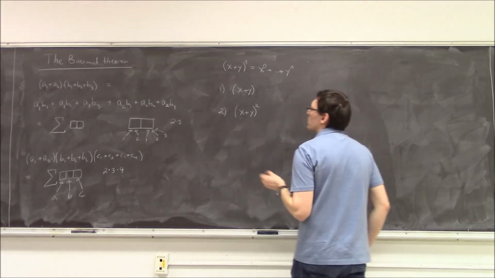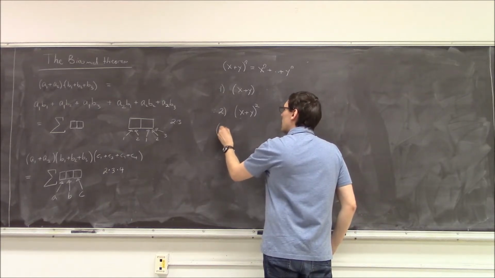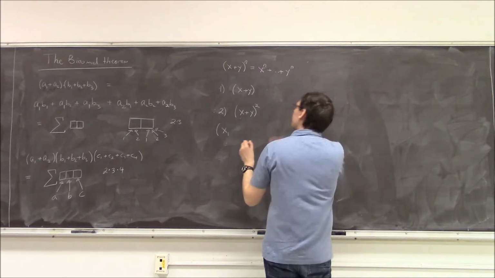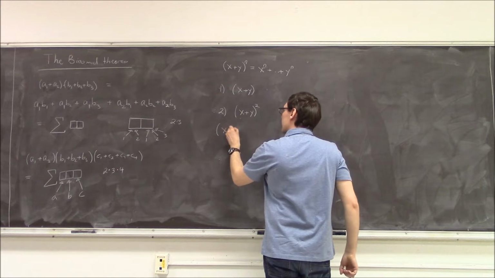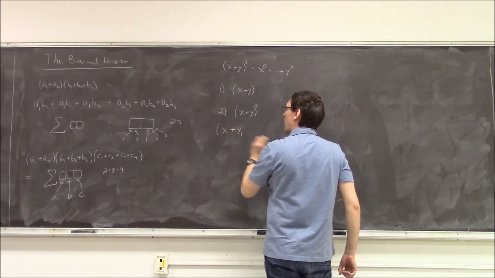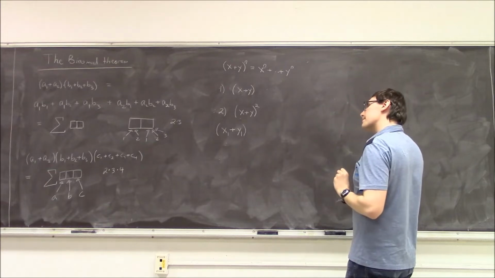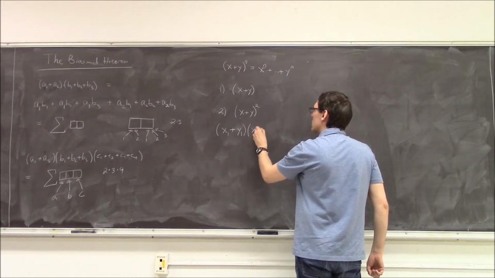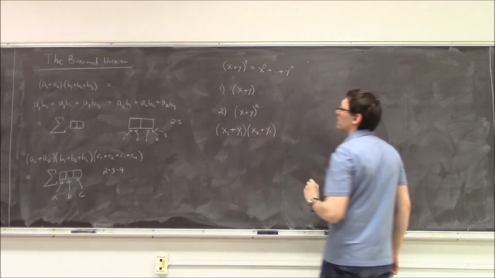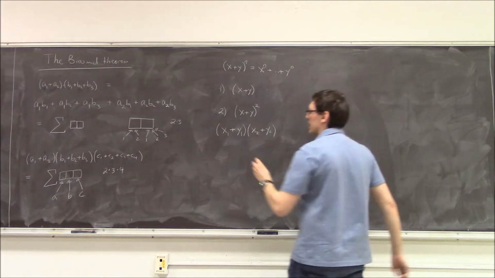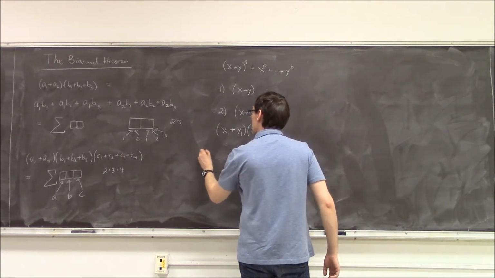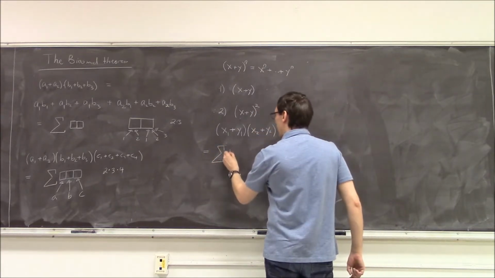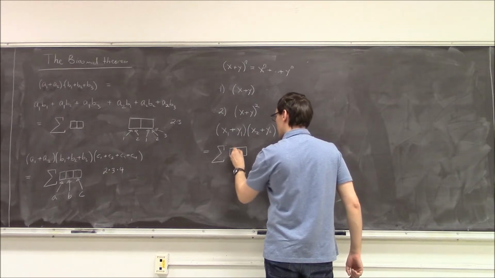Well, I can write it as a product of 2 parentheses, and I will indicate the first parenthesis by giving the subindex 1. So it's x1 plus y1. And to indicate the second parenthesis, I will say x2 plus y2. Then, based on that idea we just described before, that will be a summation where you have 2 boxes.